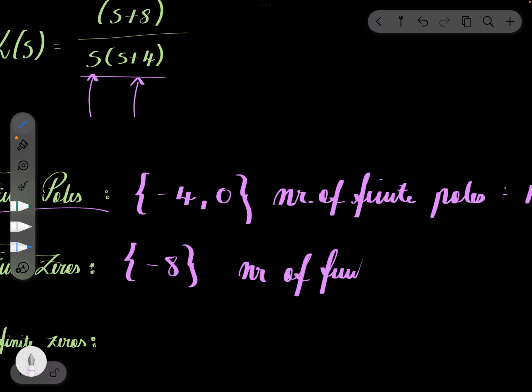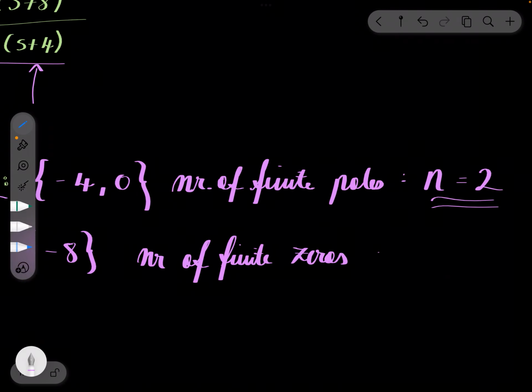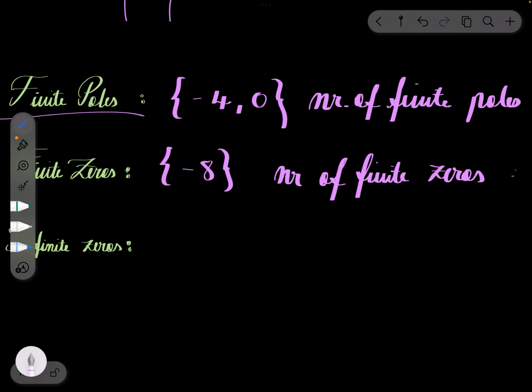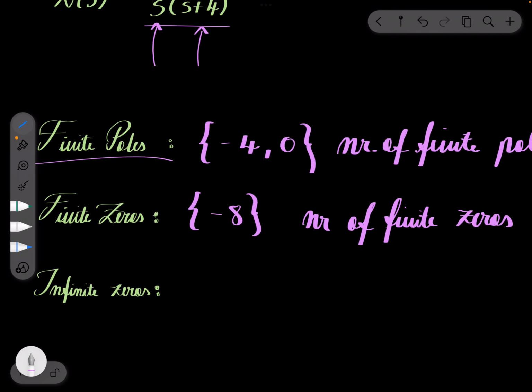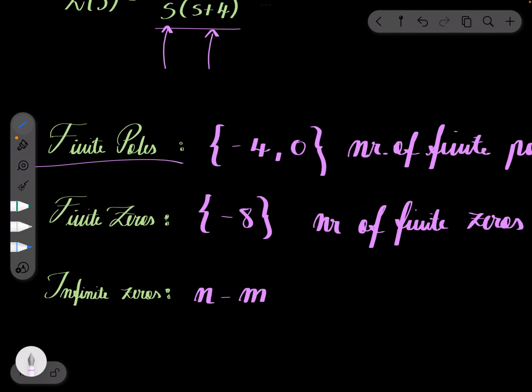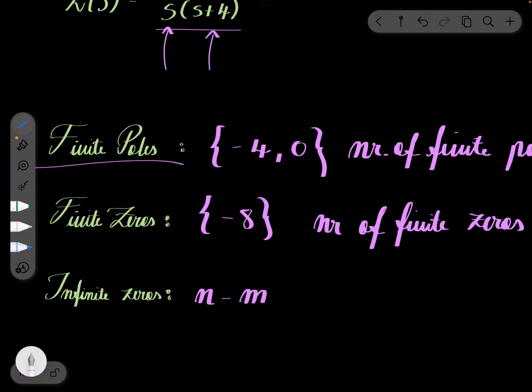And the number of finite zeros we write as m, in this case 1. So now, to find the number of infinite zeros, this is n minus m, the number of finite poles minus the number of finite zeros.